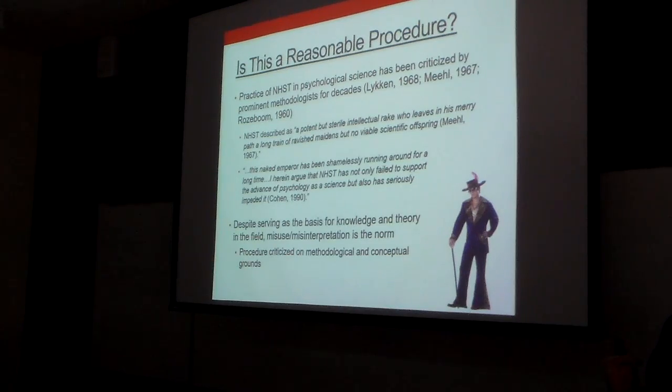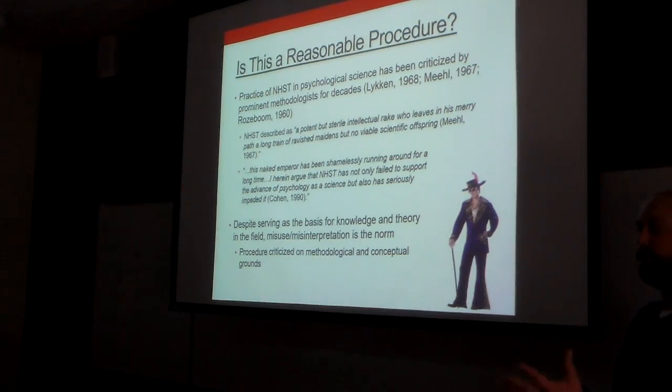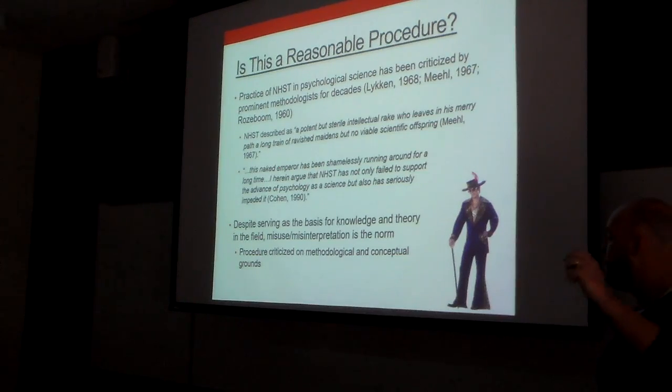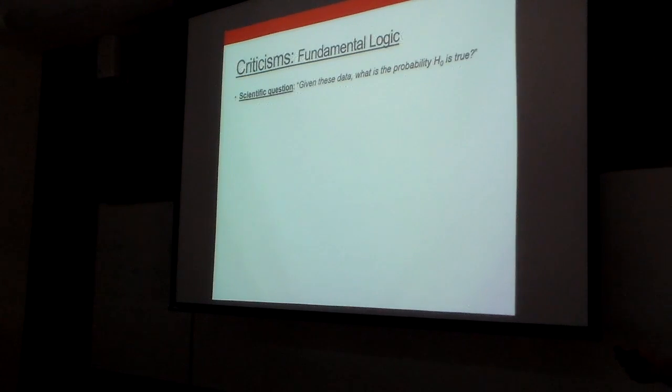People who, perhaps not through fault of their own, just don't understand the basic limitations of what we're doing and what our tests are actually saying. And so with this whole procedure, I've given you some papers to read, questioning both the methodology and conceptually what we're doing with our tests, right?